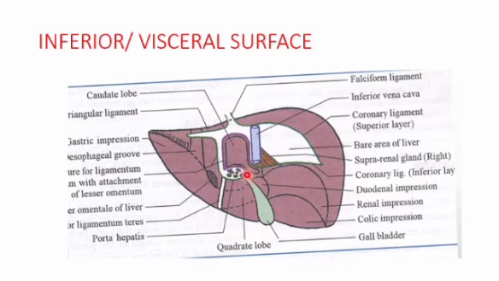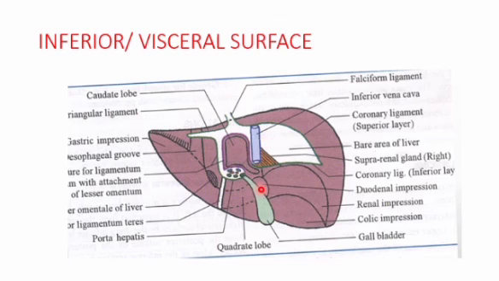It is a tail-like projection which arises from the junction of the lower end and right margin of the caudate lobe. This is very important: it forms the roof of the epiploic foramen. What is the epiploic foramen? Communication between the greater sac and the lesser sac.